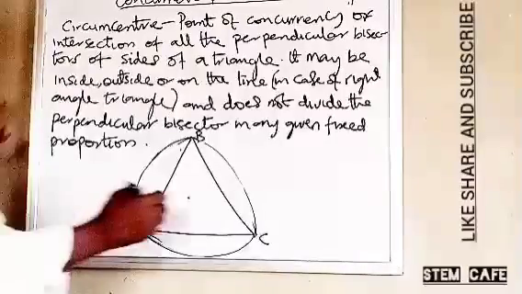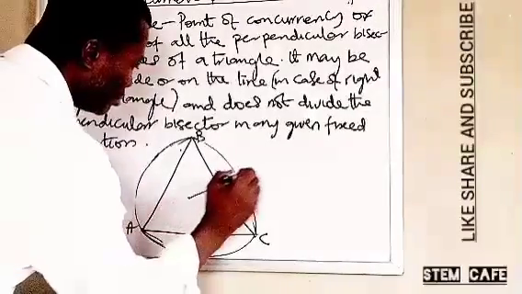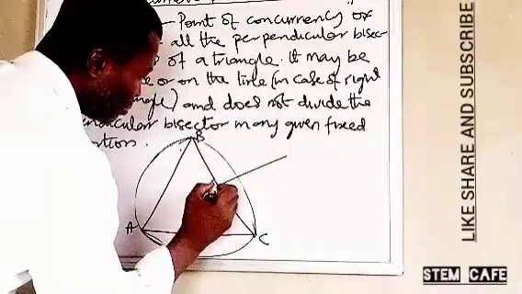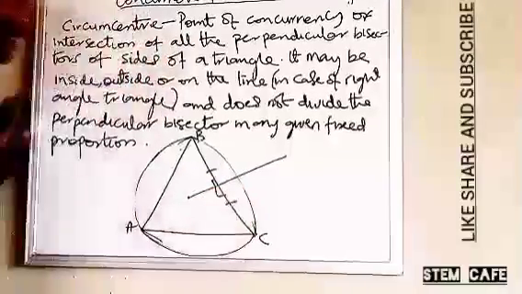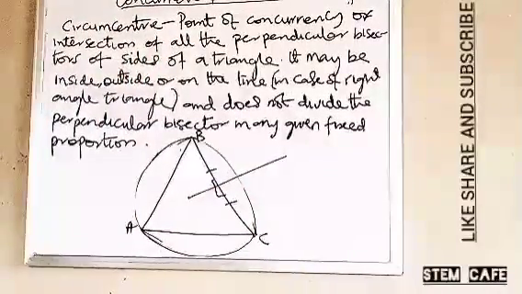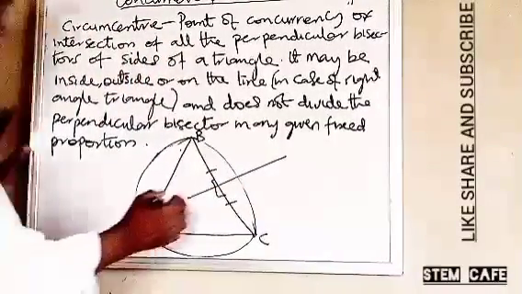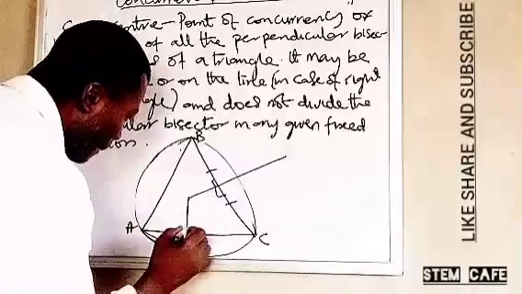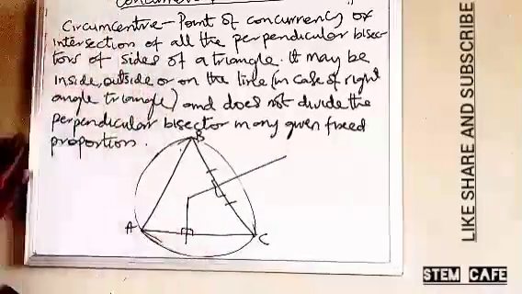Now, we find it by doing this one will be equal to this. You see that the difference between this one and the other one, and that of the circumcenter, is that this one divides the line perpendicularly. The angle here is perpendicular.